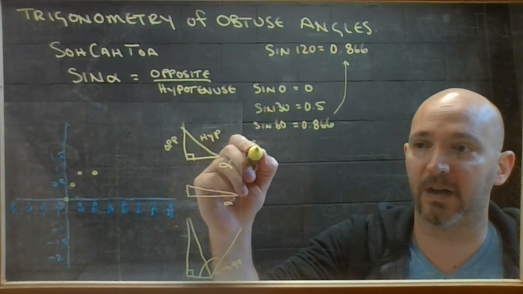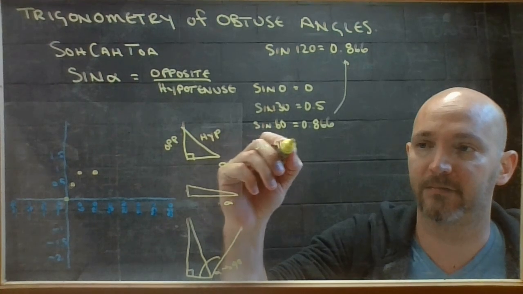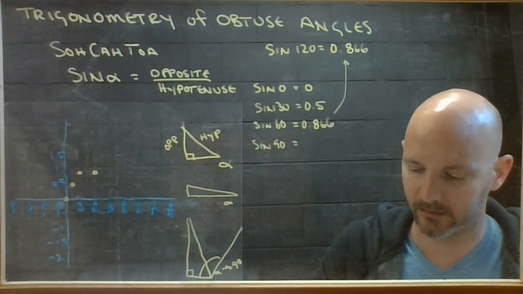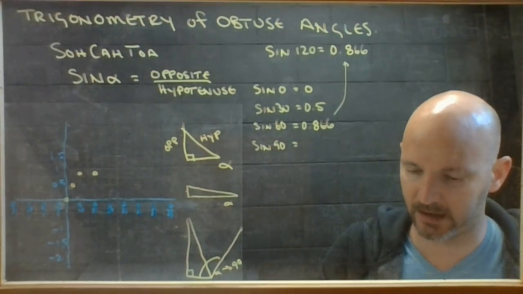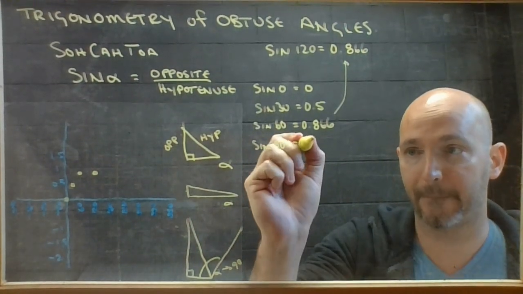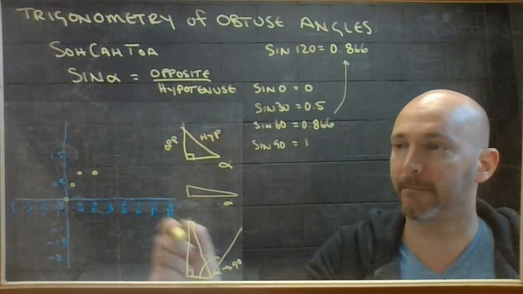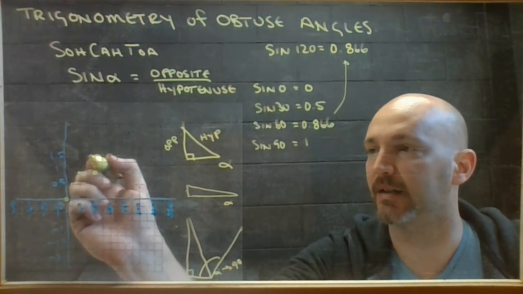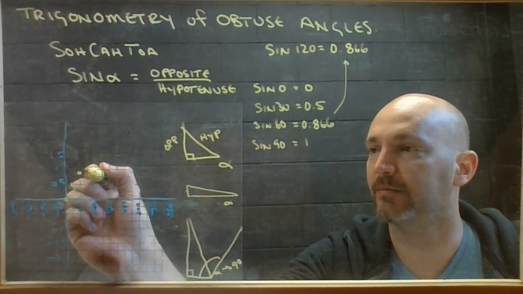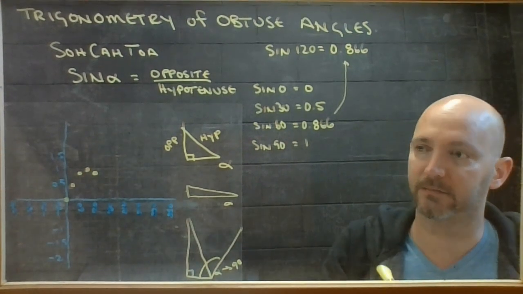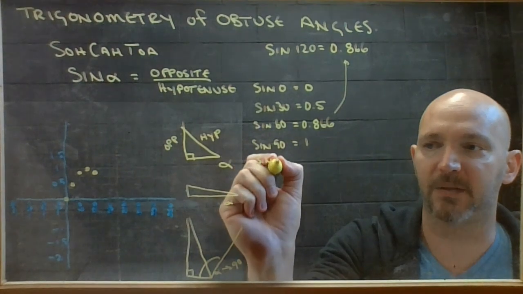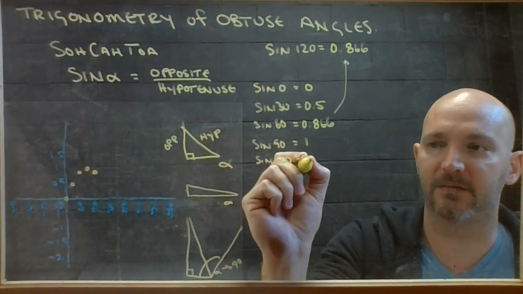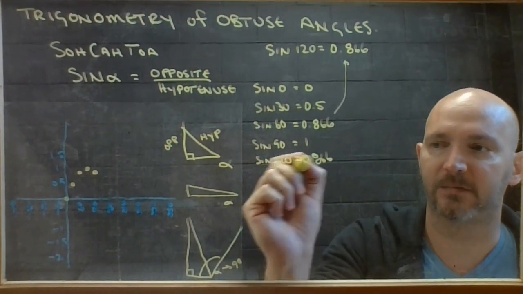Jump up 30 more, I'd have sine 90. So sine of 90 is 1. So when x is 90, sine is worth 1. We already did sine 120, but I'll write it down here so we have the number in a pattern.